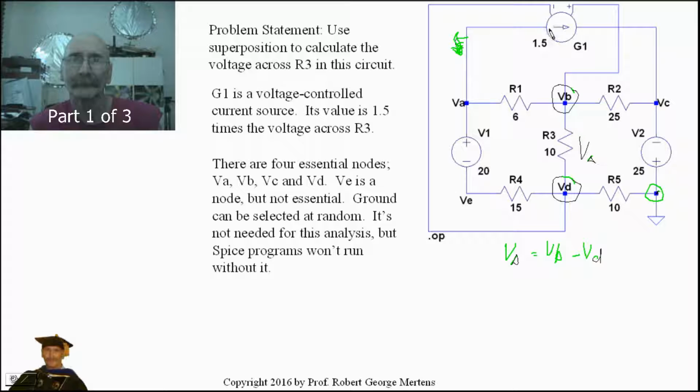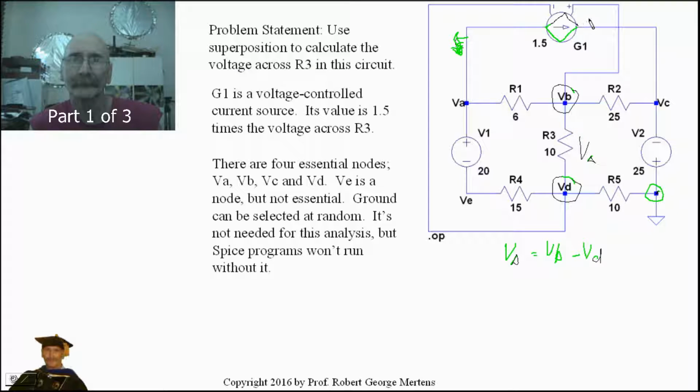This, although it normally takes a different shape in your textbook, in SPICE is a round thing. Of course, you recognize this as a voltage controlled current source. And what it says is that the current through this device is going to be based on the voltage. As you can see, the positive sensor goes to VB, and the negative sensor goes to VD.